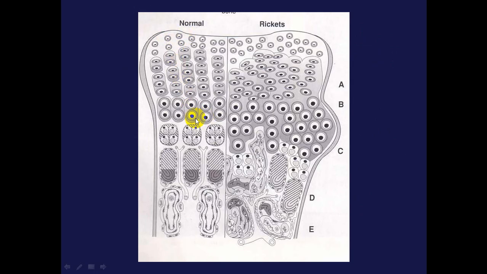So this part here is actually a growth plate. In the growth plate there are some progenitor cells. These cells will proliferate first, and then they will enlarge or hypertrophy, and then if it's normal, they will have mineralization.